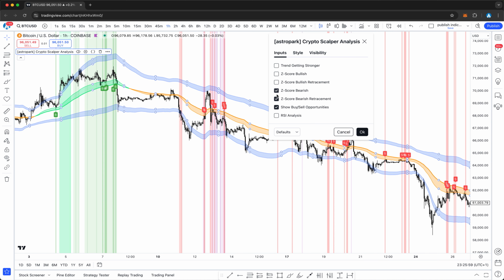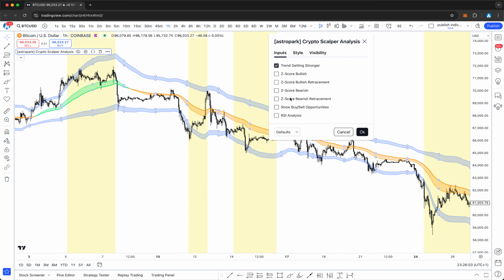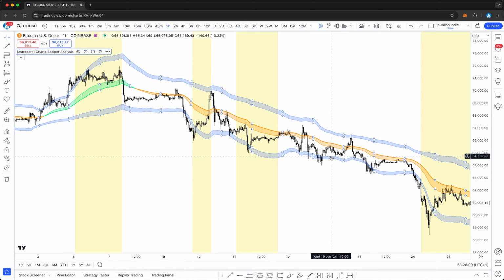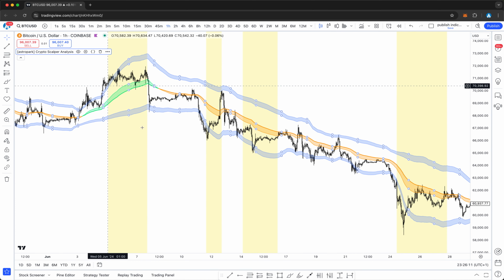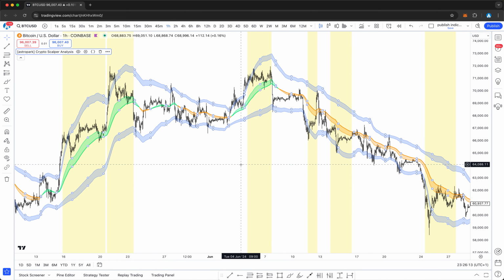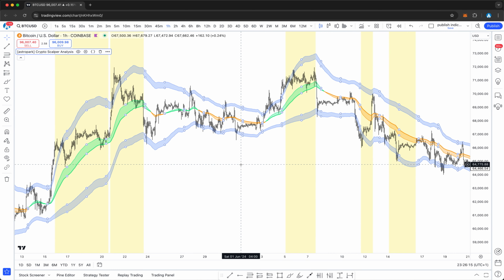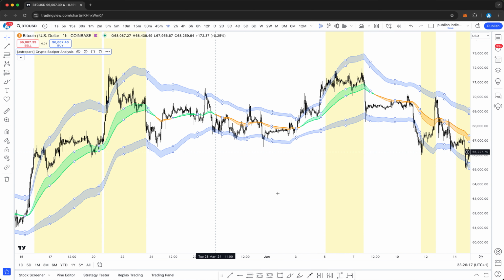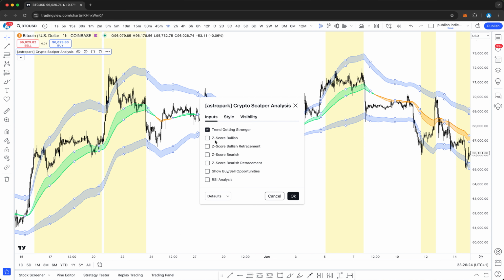But let's watch something else. So the trend getting stronger. I usually don't enable these because I don't need them anymore, but this can also give you some interesting information. It doesn't tell you it's bullish or bearish, but it's also a good piece of information if you like.